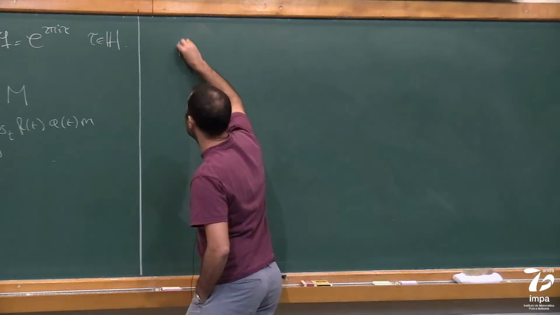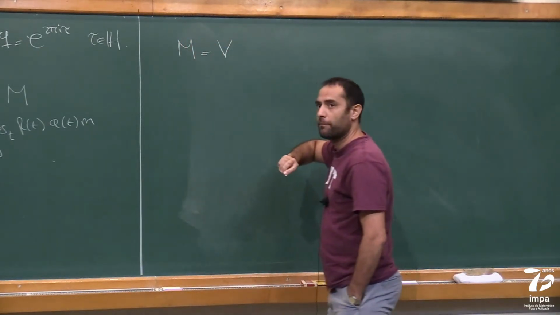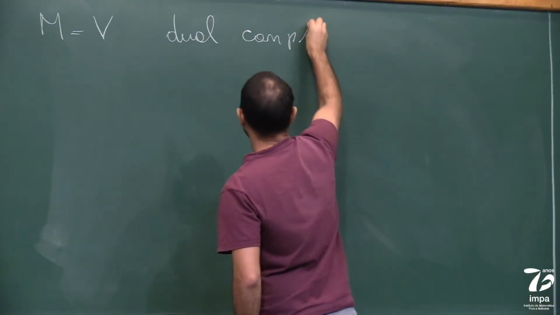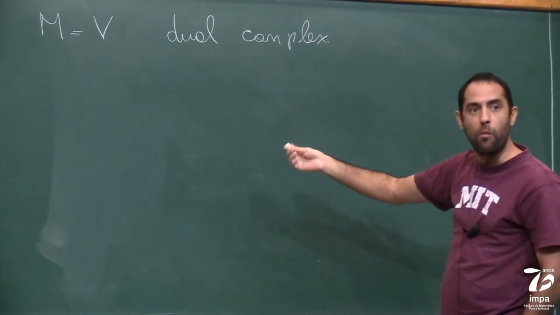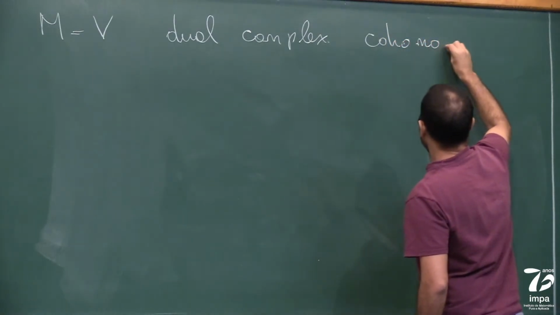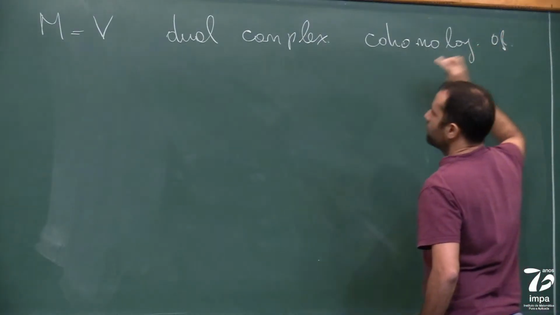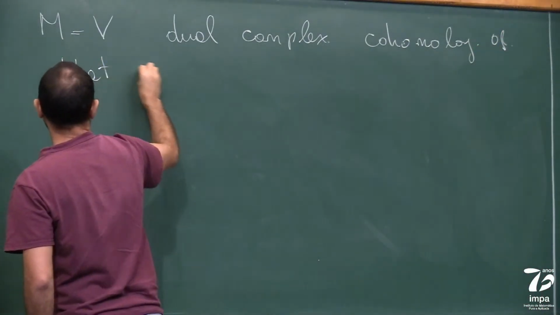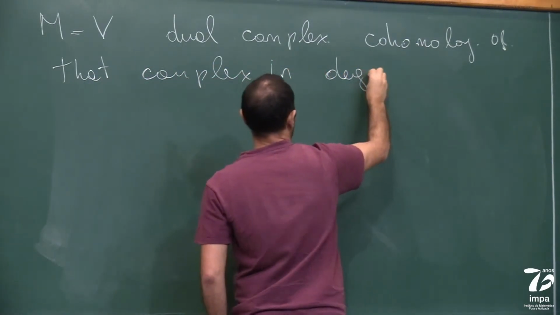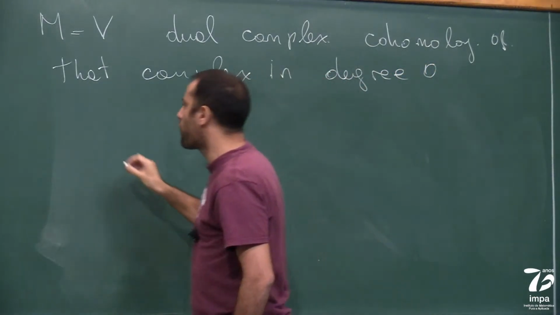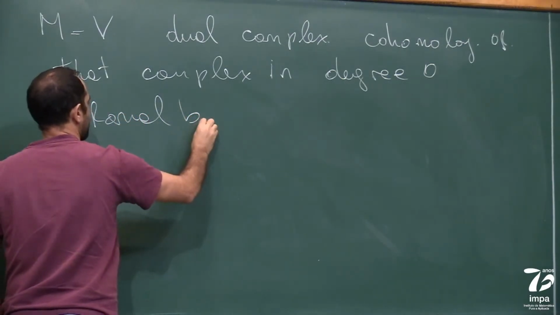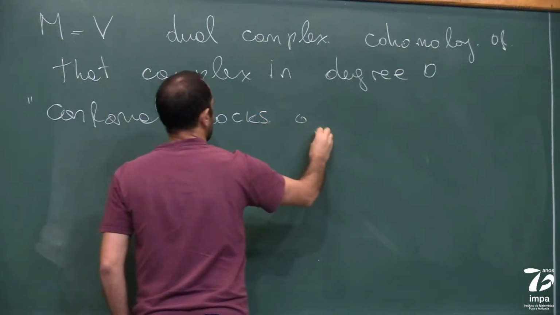So I'm going to take M to be V here, and I'm going to take the dual complex. And I'm going to take the homology of that complex in degree 0. So the cohomology of that complex in degree 0 is called the conformal blocks of V in genus 1.